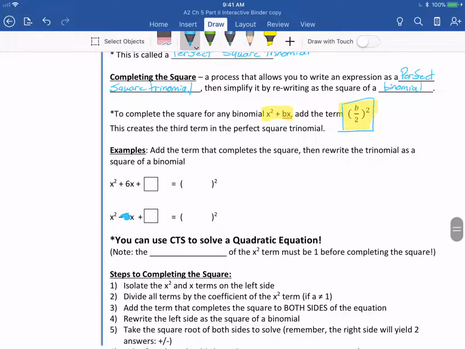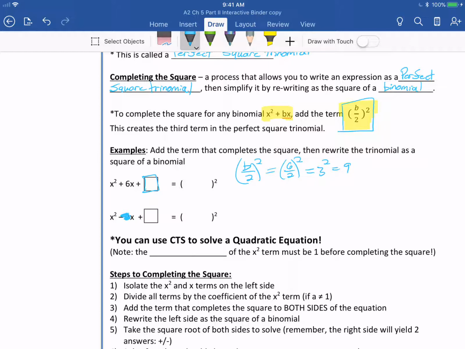All right, so examples. Add the term that completes the square. So in this box goes the b over 2 squared. In this specific example, my b is 6, so 6 over 2, and I have to square it. 6 over 2 is 3. 3 squared is 9.